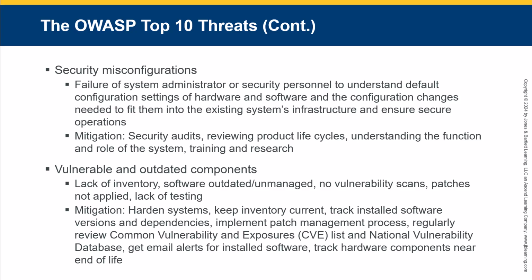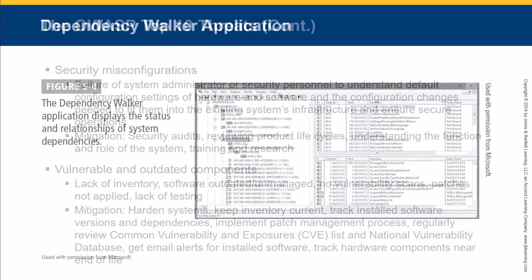Mitigation techniques: use system hardening techniques, keep inventory current, track installed software, and patch appropriately. Also, do your vulnerability scanning and spot checking for patching. Ensure that you have some type of inventory management that checks patches. That way, if you're too far out of date, you get warnings or alerts.